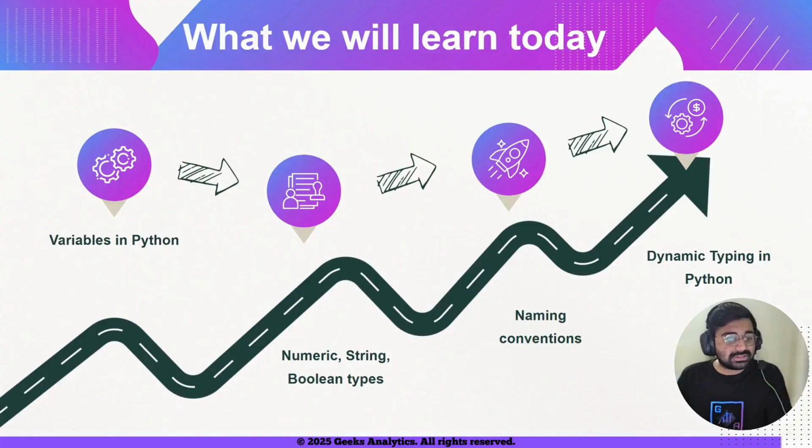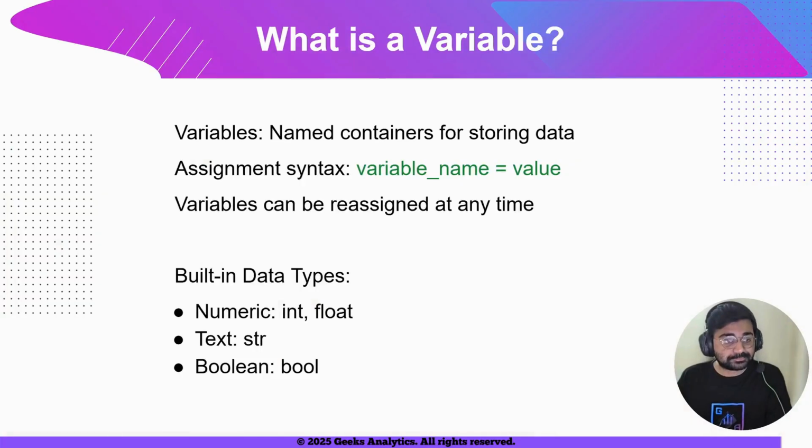In this session, we're going to understand how Python stores and handles data. We'll learn about variables, how Python manages the types of those variables, how to name variables properly, giving a meaningful name, and finally understand why Python is called a dynamically typed language. All of these are very fundamental to writing useful programs.